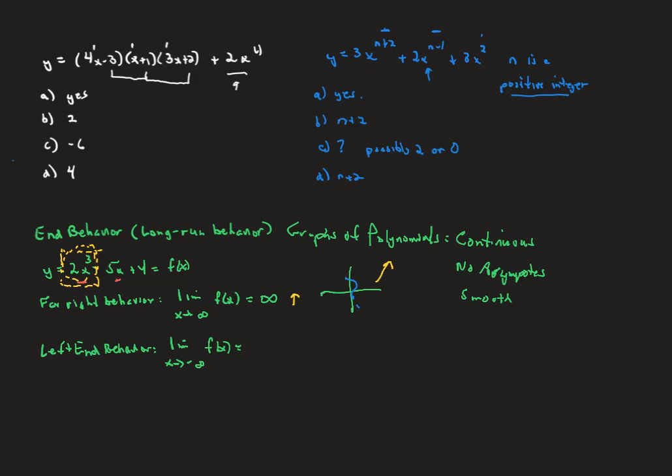When x is a large negative, say negative 1,000,000, cubed is still negative, times the 2 is still negative, so it's going to be what we would say is negative infinity. We might write that symbolically as going down. So whatever else the graph does in the middle, at the far left of the graph, it's going to be going down towards negative infinity.